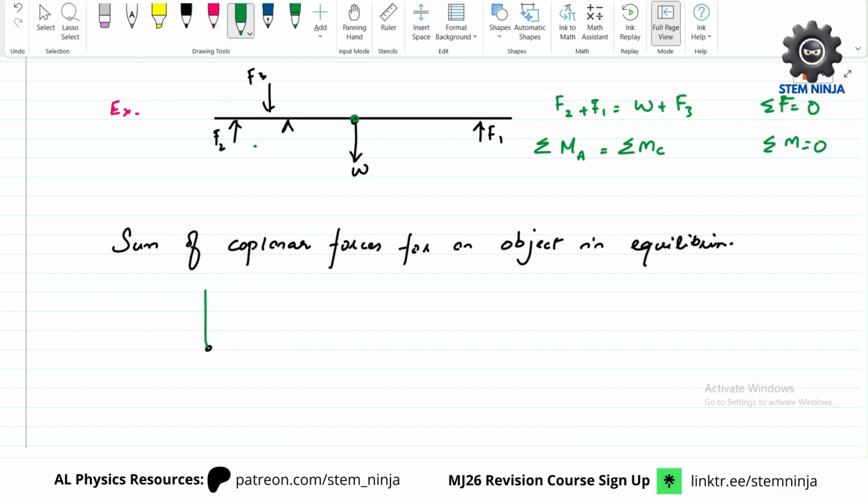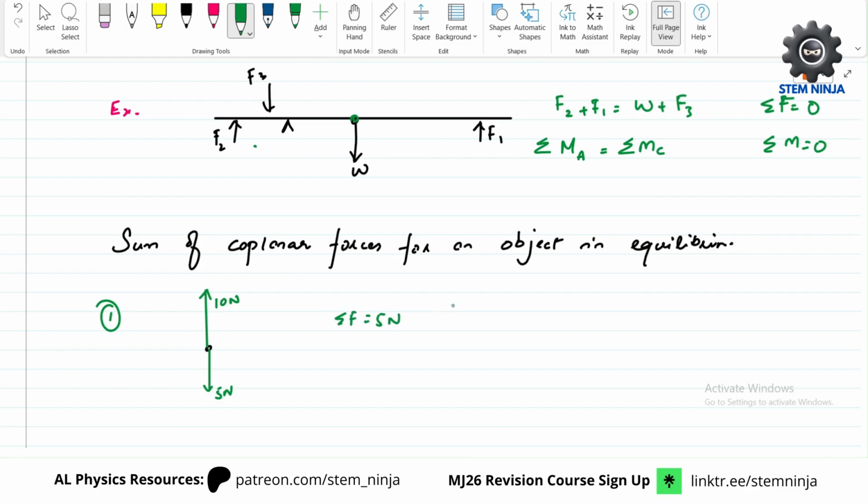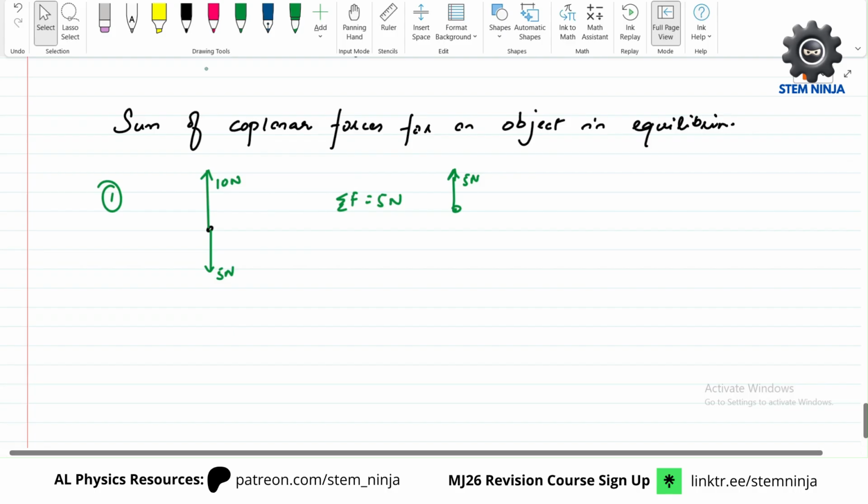Let's say you have two forces. Let's say this is one force of 10 Newton and this is a 5 Newton force. The resultant force acting on this is 5 Newton upward. So basically this is your resultant force. This will cause an acceleration also.